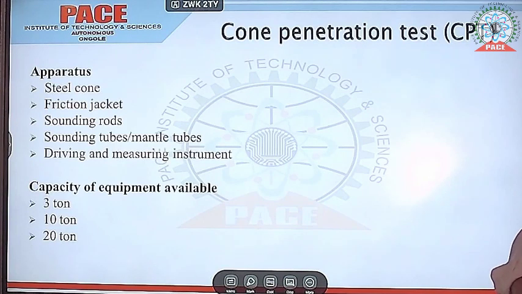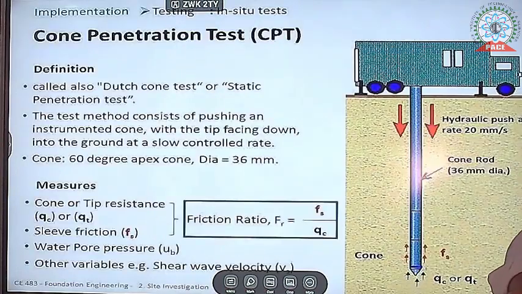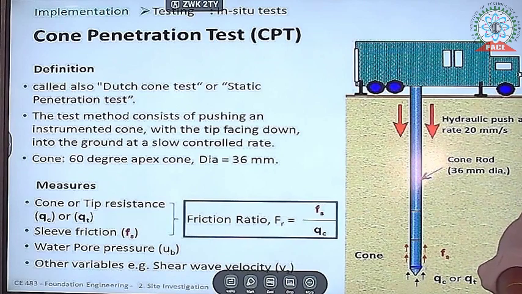The CPT is also called the Dutch cone test or static penetration test. The test method consists of pushing an instrumented cone with the tip facing downwards into the ground at a slow controlled rate. The cone has a 60 degree apex with a diameter of 36 mm.